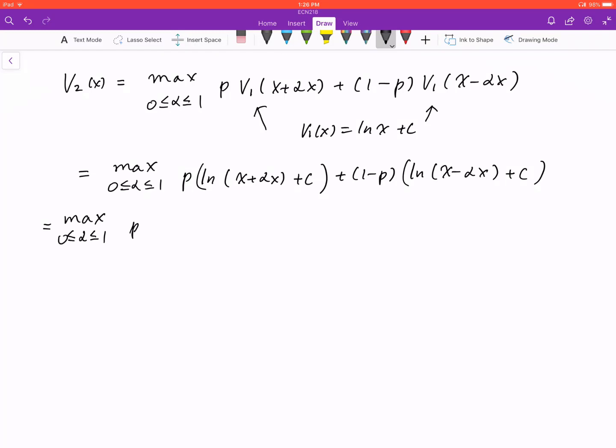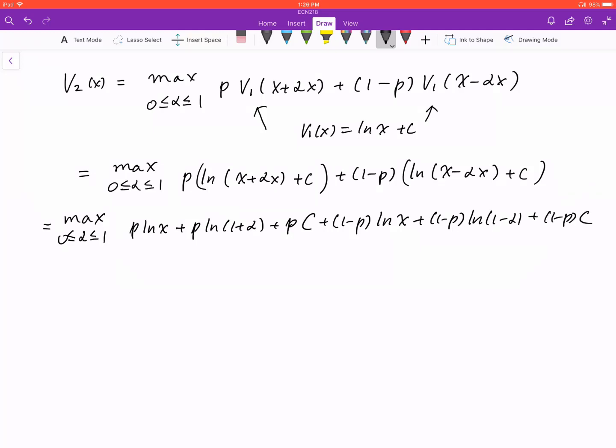We will have p log x plus p log(1 plus alpha) plus pc, and plus (1 minus p) log x again plus (1 minus p) log(1 minus alpha) plus (1 minus p)c.